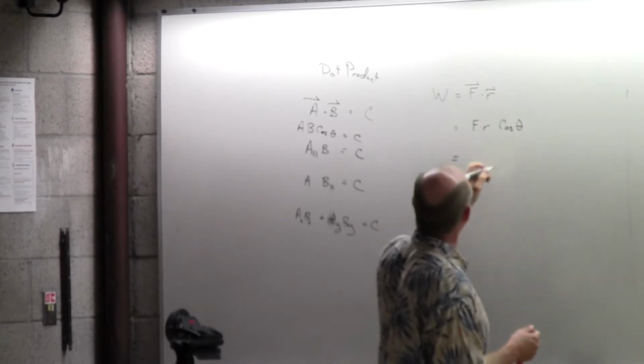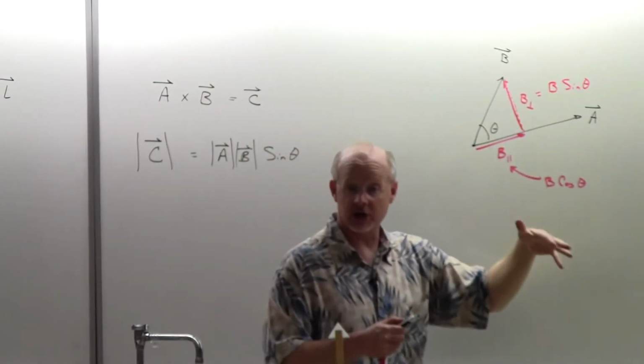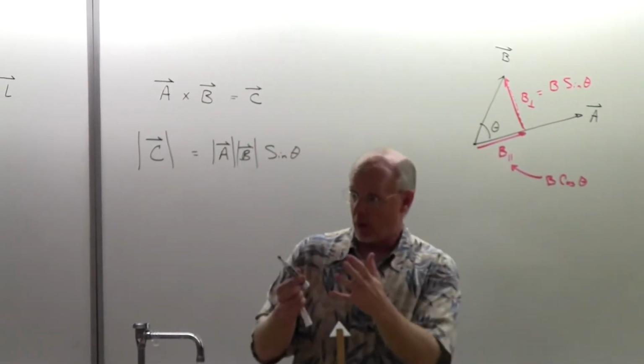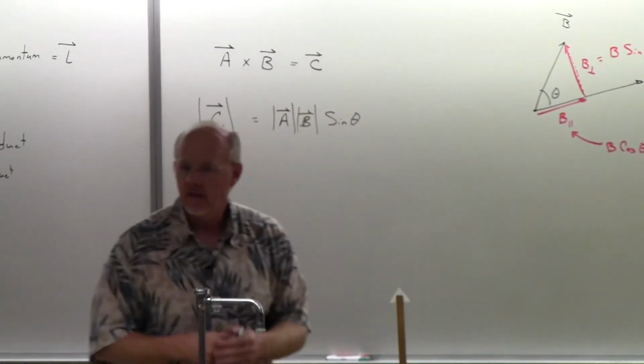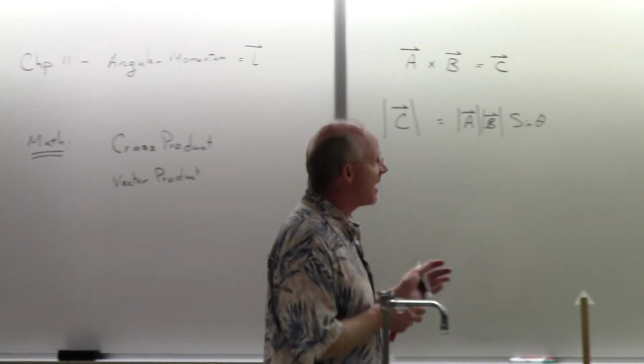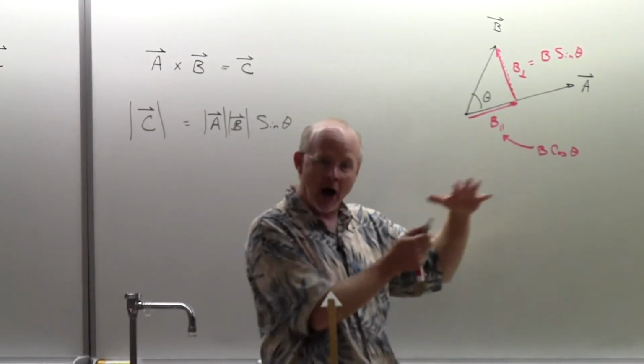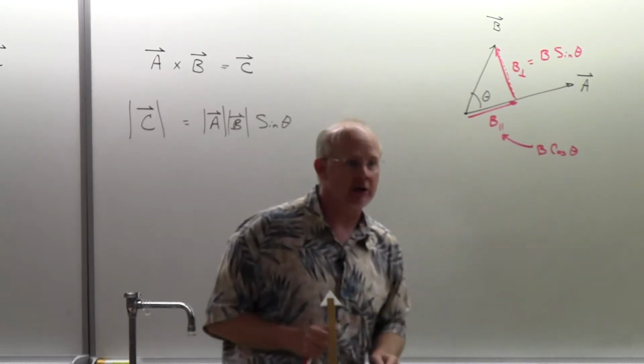When you put the F with the cosine theta, what you were really saying is how much of F is in the same direction as R. That's why we wanted the cosine of the angle. It gave us what you might call in a math class the projection of B onto A: how much of B is in the same direction as A. That's what the dot product gives us.